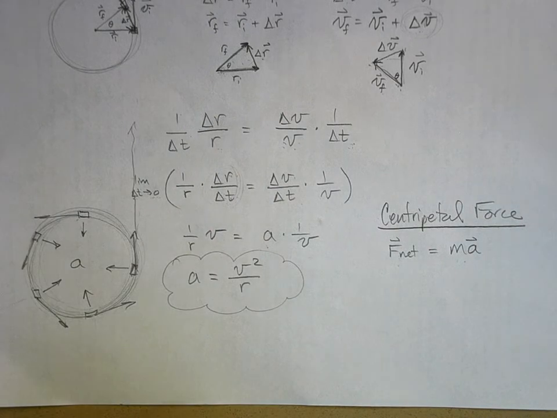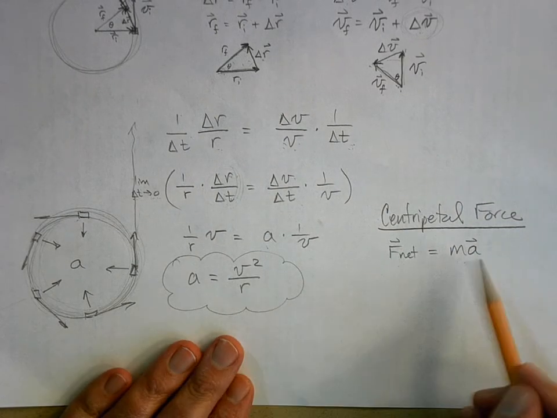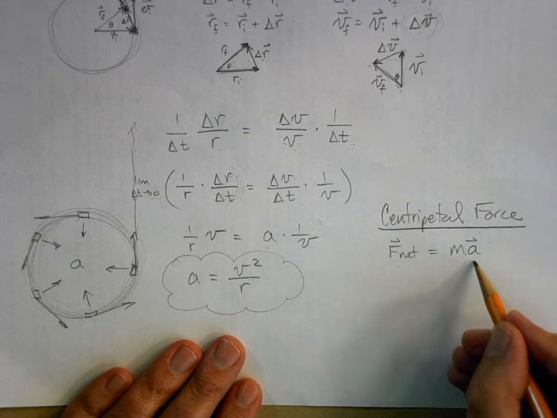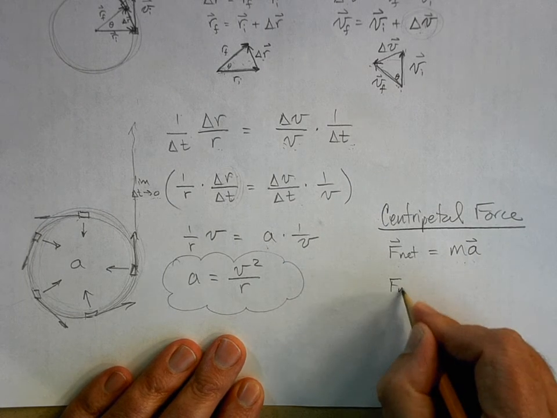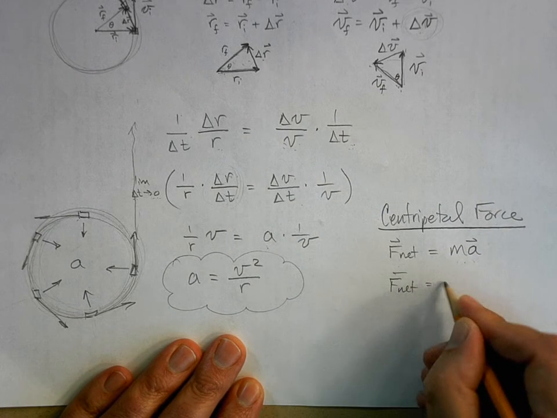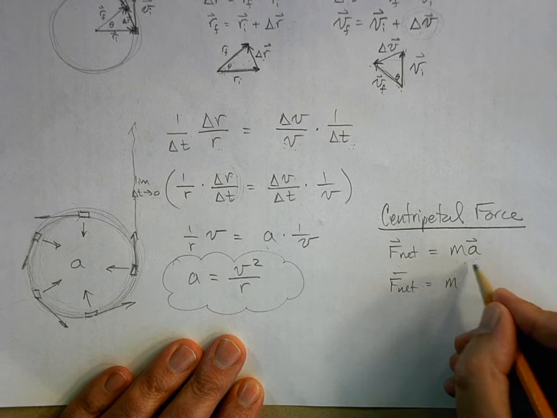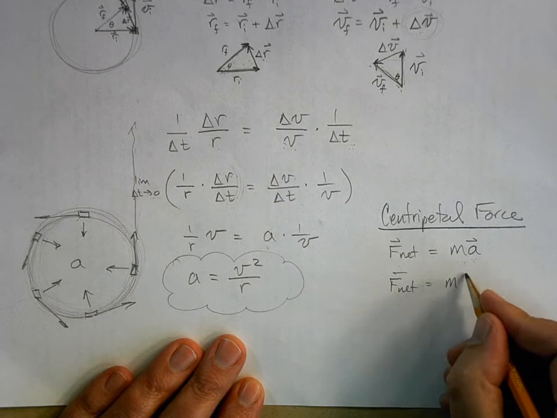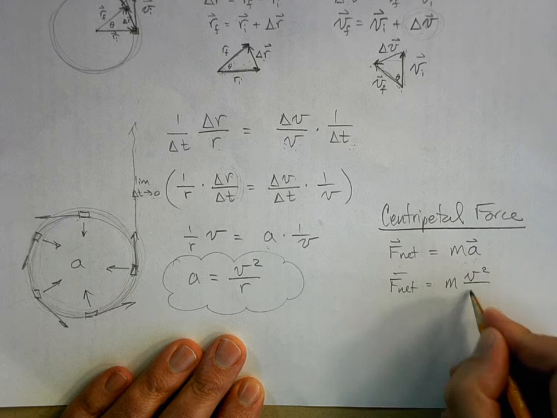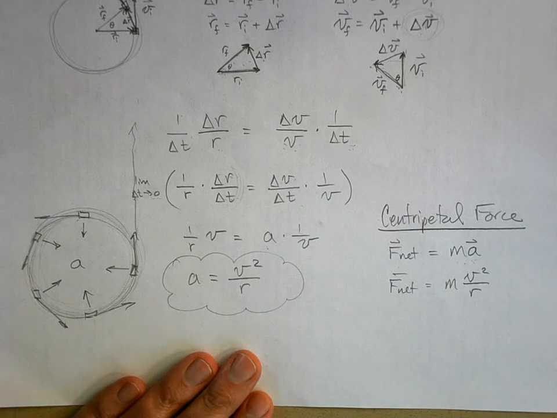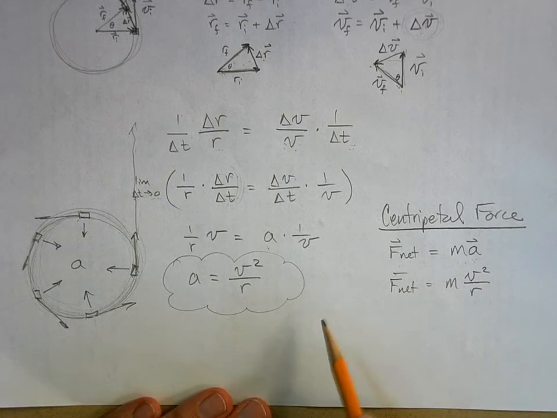So the net force that causes a centripetal acceleration, if you're moving in a uniform circular motion, that acceleration is v squared over r. So that's your net force.